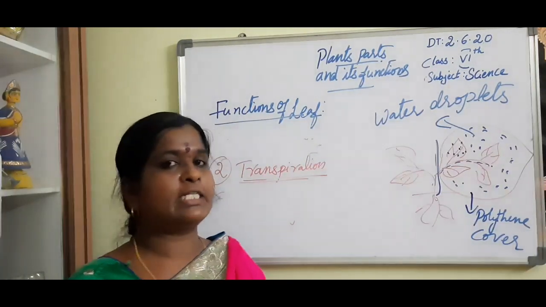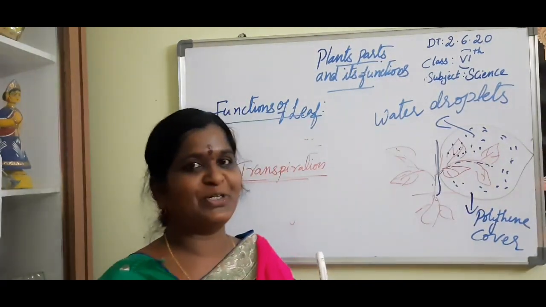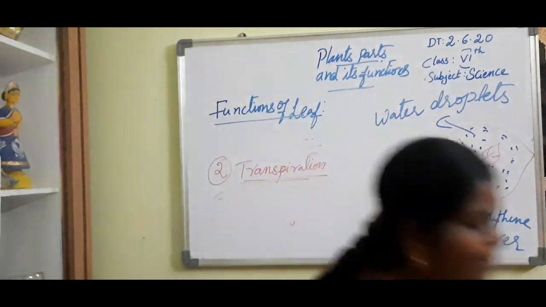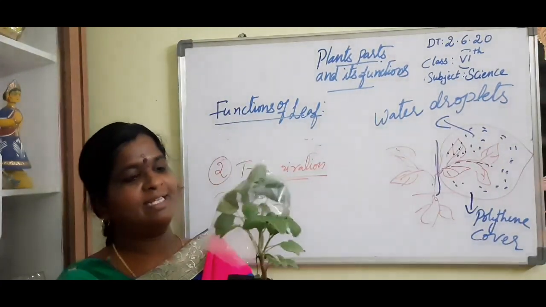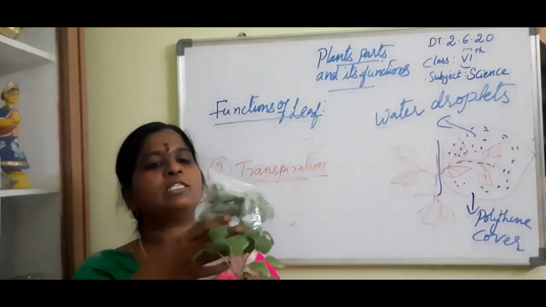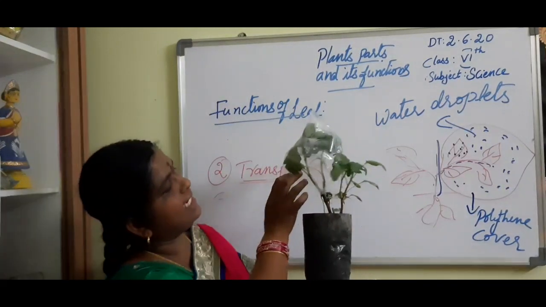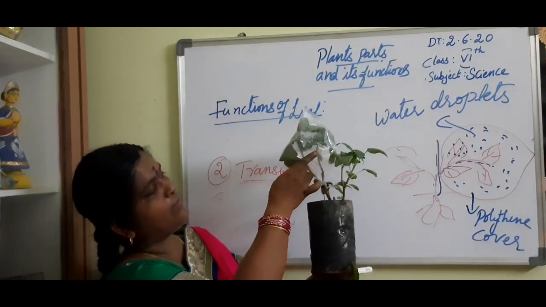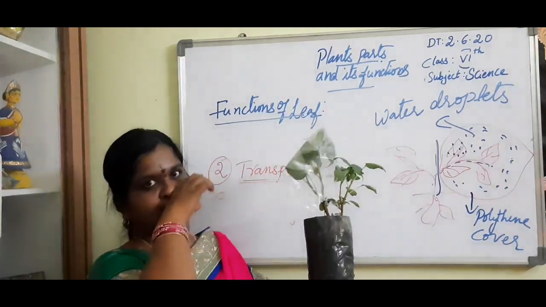See, you can do one experiment in your house. Already for you children I want to show it, because you don't know how to do the experiment. See, I took one plant here. I covered it with the polythene cover. So you can observe some moisture here. See, clearly it is visible, the droplets of water you are observing. In the morning I kept it under the sun.